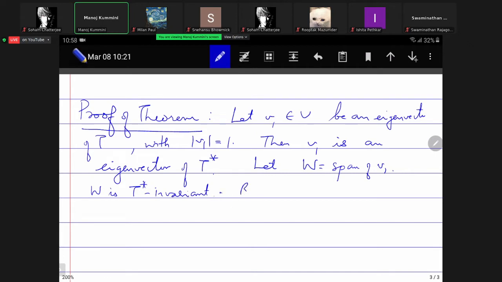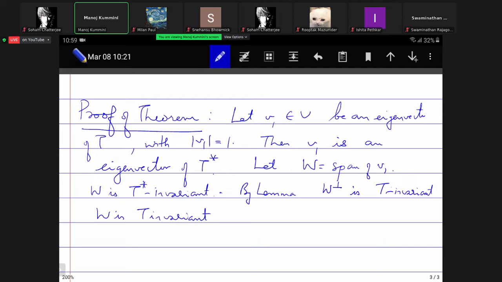By the lemma, W perp is T invariant. Notice that W is also T invariant, because for a single vector, the span of that vector, a one-dimensional subspace, to be T invariant is equivalent to saying that the vector is an eigenvector.